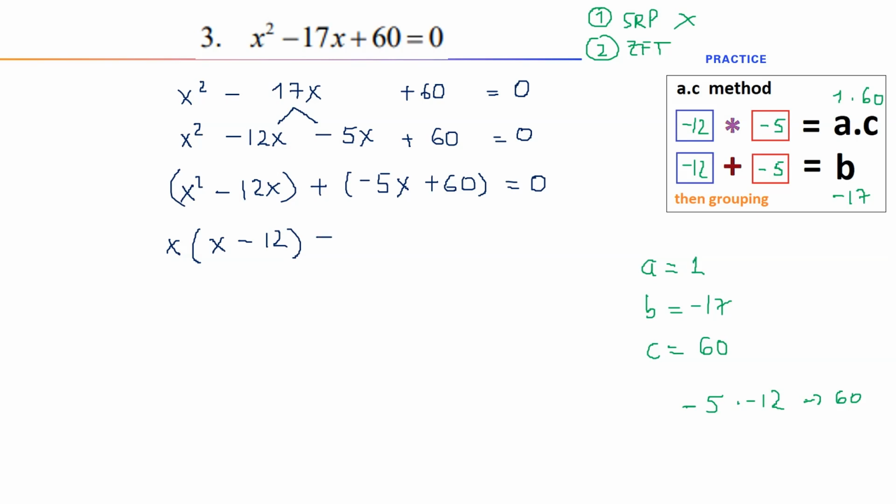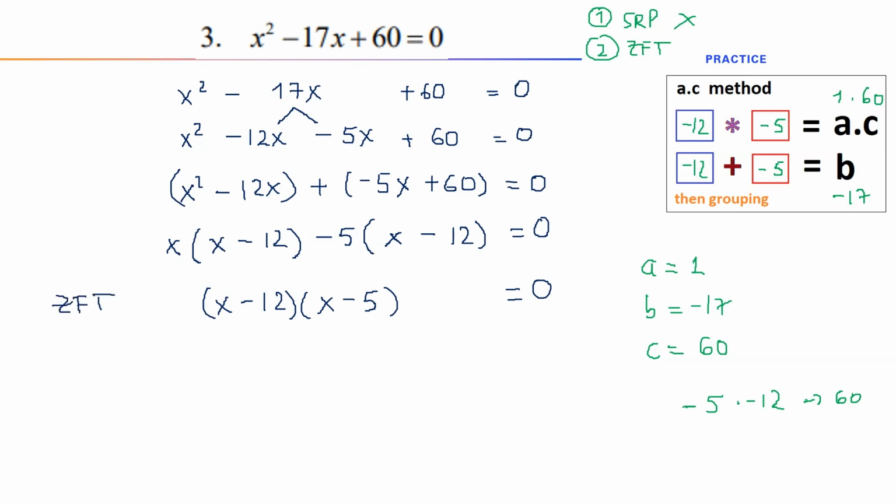For the second group, I will take the negative 5 out, left with x minus 12. So now you have x minus 12 in common. It's left for the first one with x, the second one with negative 5, equals 0.